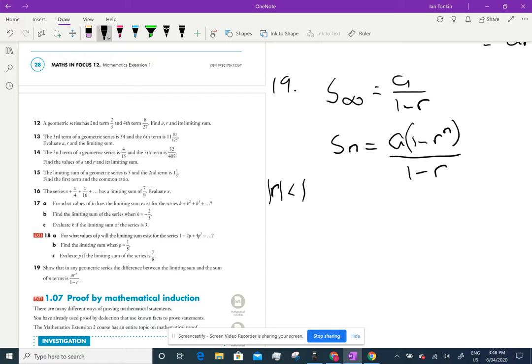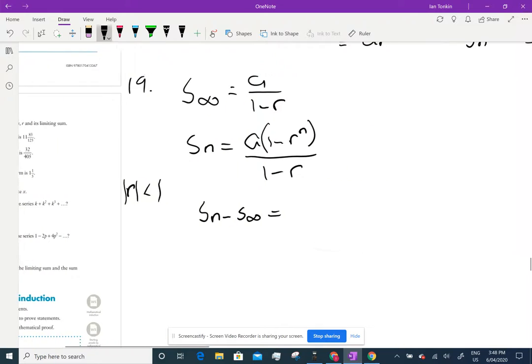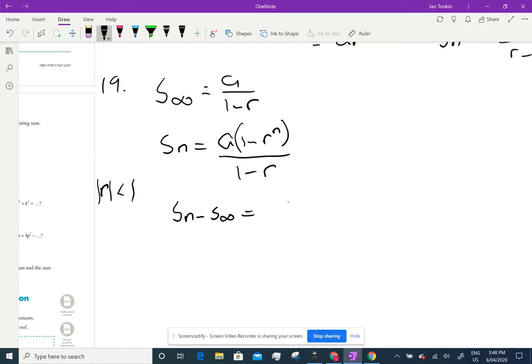So I'm going to go S of n minus S of infinity. Well, that's A 1 minus R to the n on 1 minus R minus A on 1 minus R. They have a common denominator, but I'm going to expand the first here.